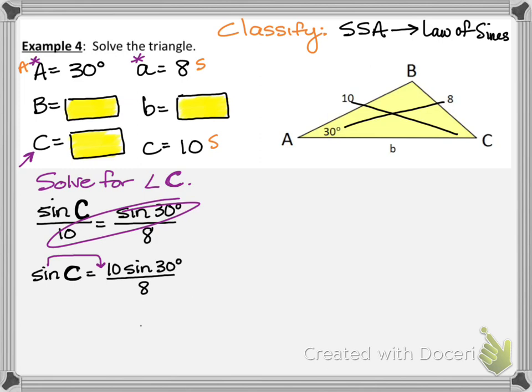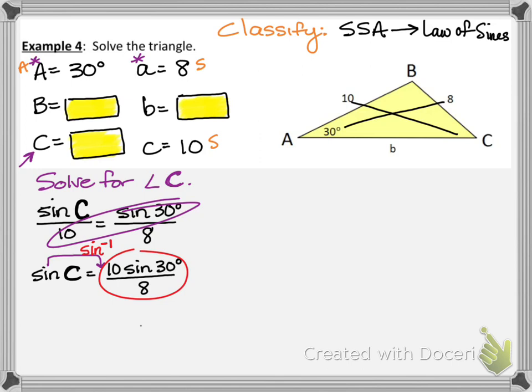So if you recall from last semester, if I'm solving for an angle, the sine or the cosine or the tangent, when it has to move, so to speak, it will become an inverse, sine inverse of this entire quantity.